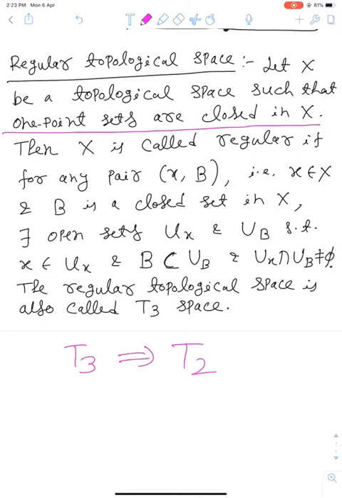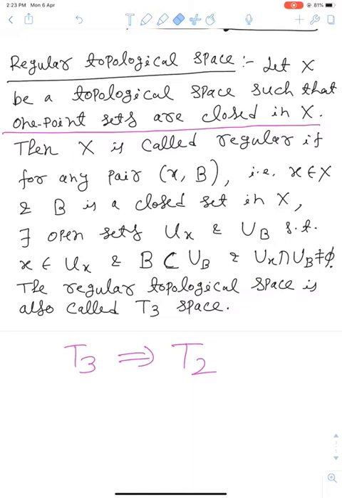Since the one point sets are closed in X, if we choose any two points x and y, then you can treat that point y as a singleton set {y}. And since the one point sets are closed, singleton {y} is closed. So we can call it B, right? Then we can get two disjoint open sets, one containing the point x, and one containing the set {y}, right?